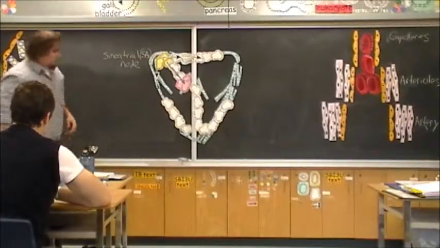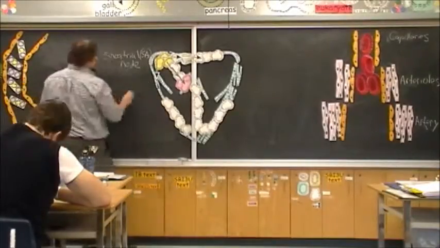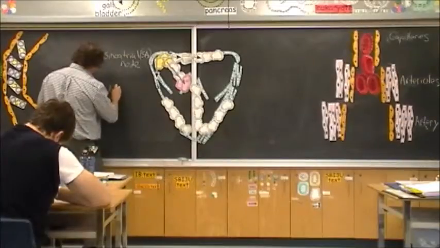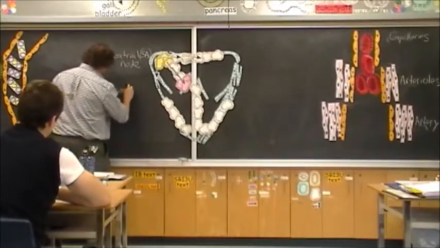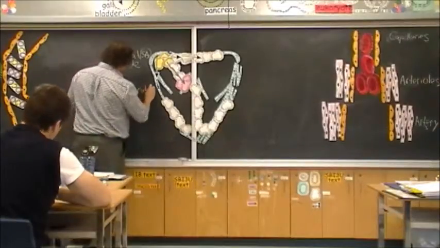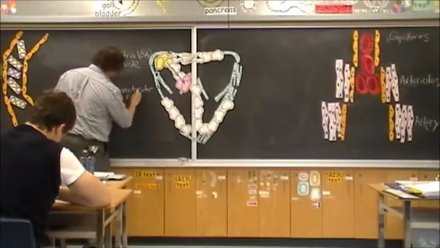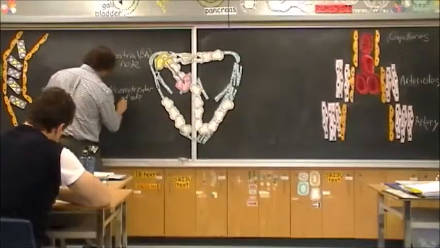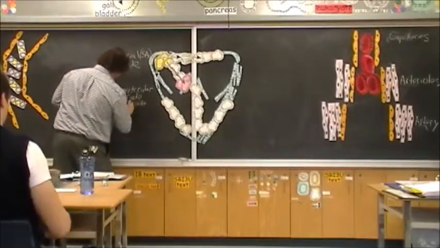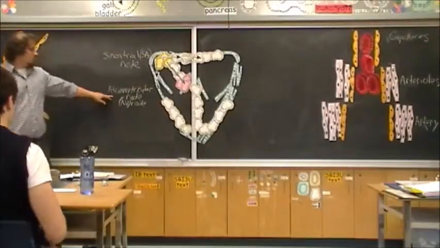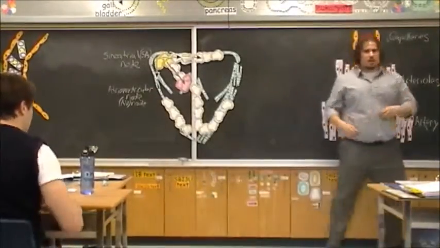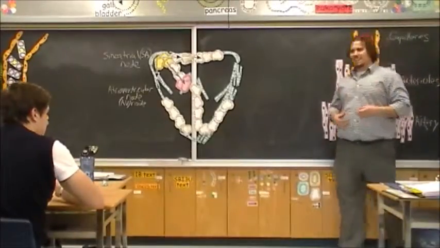Great. Atrioventricular node, AV node. So your pink cells are your next node. The atrioventricular node gets the signal from the SA node, and it has a slight delay.